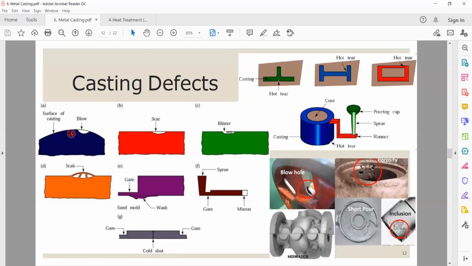Or we can ask you to list down two or three types of casting defects with clean sketches. Then you have to draw it and name it, right?